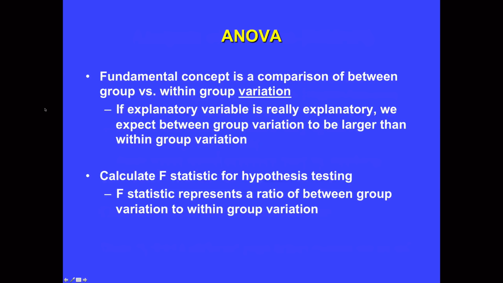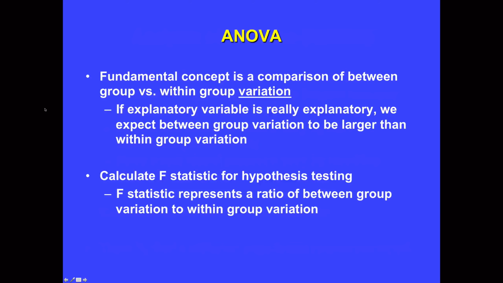So a very important concept, as you would imagine, in ANOVA is the comparison of between versus within group variation. ANOVA is about the analysis of variance, and in that context you're thinking about the variability of the data that's explained by the group relative to the variability of the data within a group.